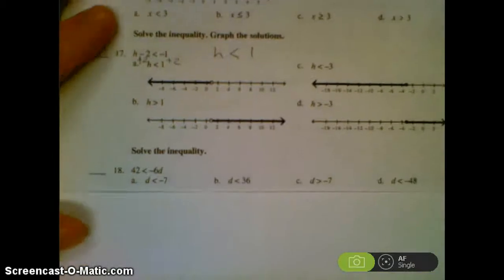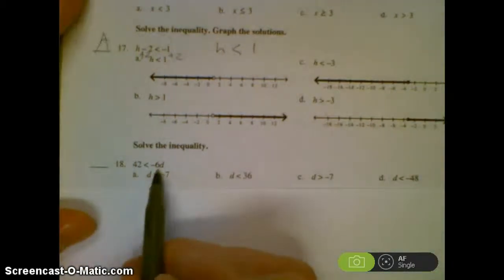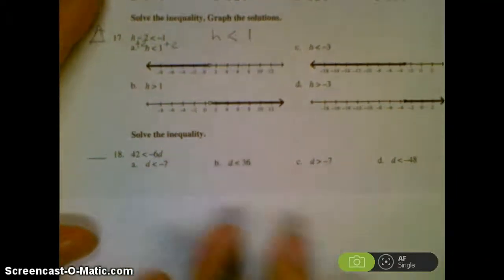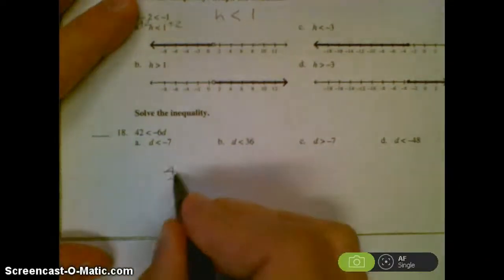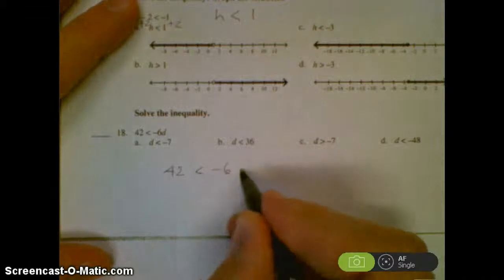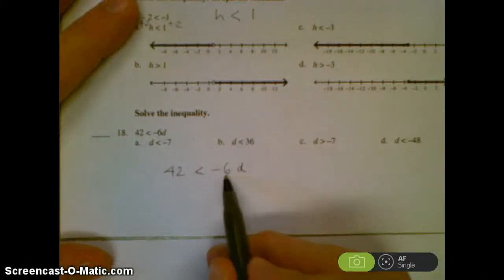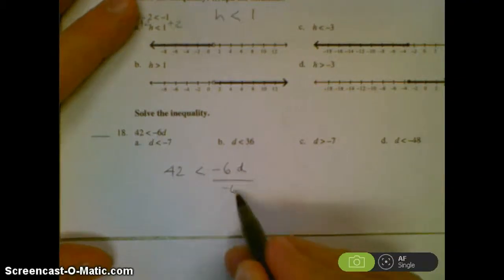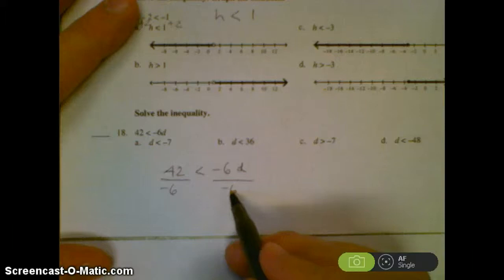I need to solve this inequality. Oh no, it's a negative variable. I have to remember the trick with a negative variable. Now I'll write this one down here. 42 is less than negative 6 times d. I still do the opposite of this operation. So this is negative 6 times d. I'm going to divide by negative 6 on both sides. So negative 6 divided by negative 6 is 1.